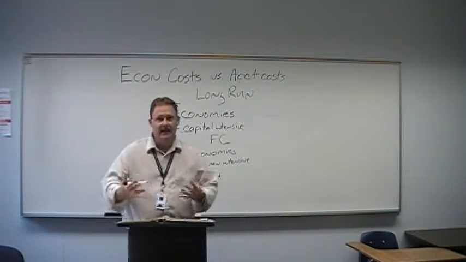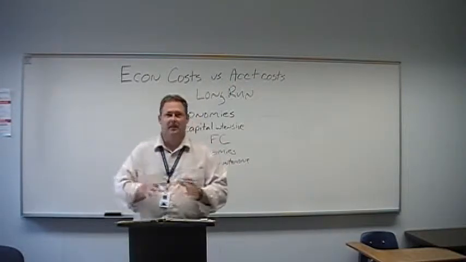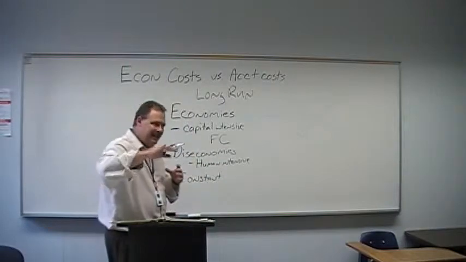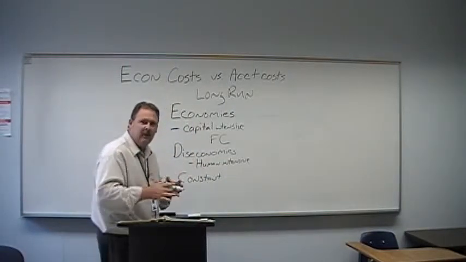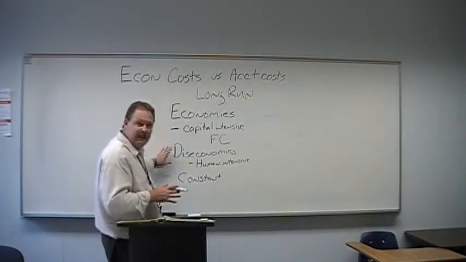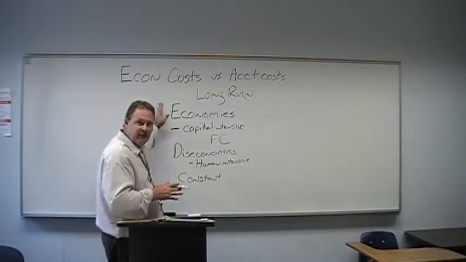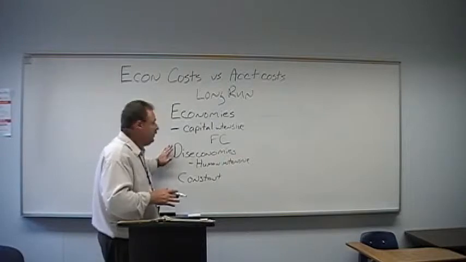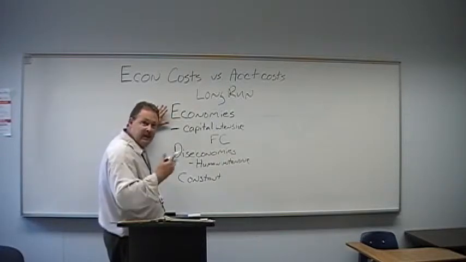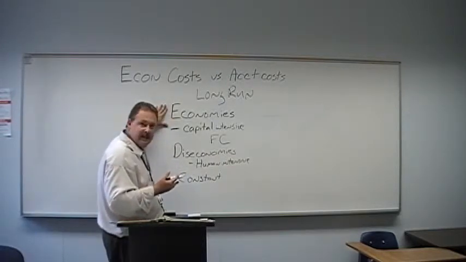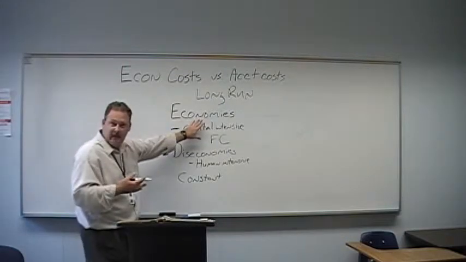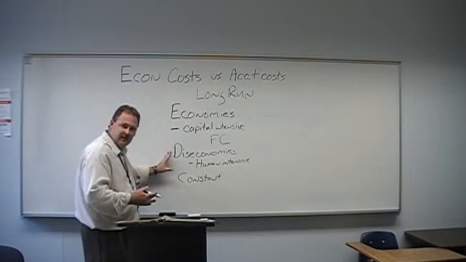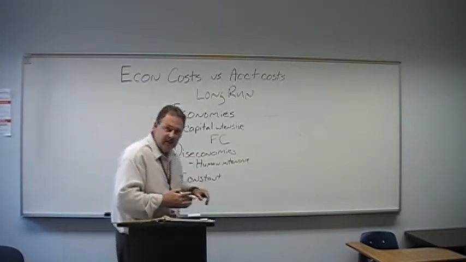And that basically means that the size of the operation does not affect its efficiency. It's an unlikely scenario. Most companies will go into one of these two. Either bigger is better or being smaller is better. If you typically look at the manufacturing type sector, economies of scale, because of their capital intensive, diseconomies in the human service industries, because they are human intensive.